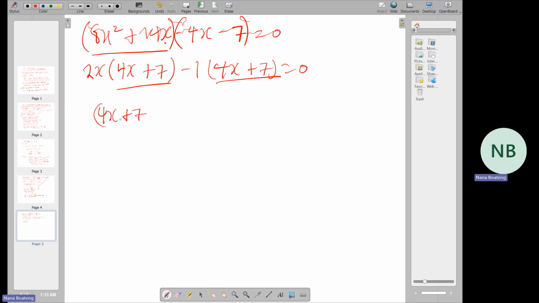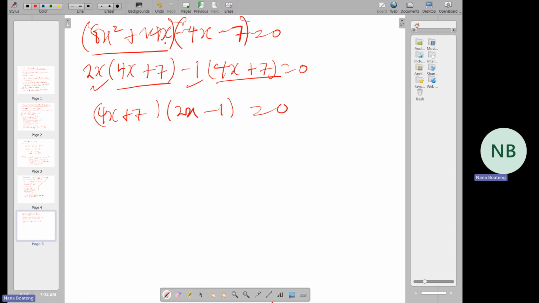If we do that, then we have a remainder of 2x here, and a remainder of negative 1 here, and this equals 0.